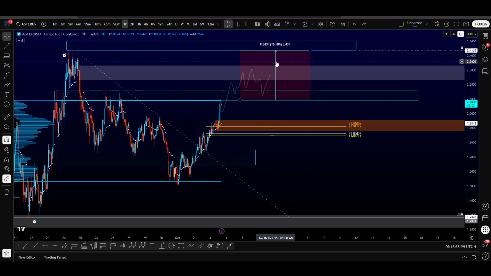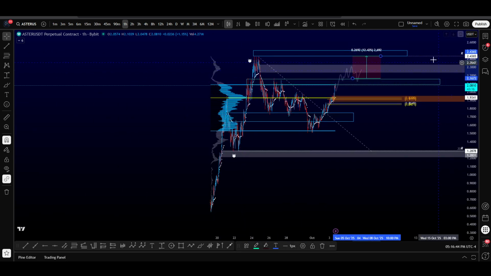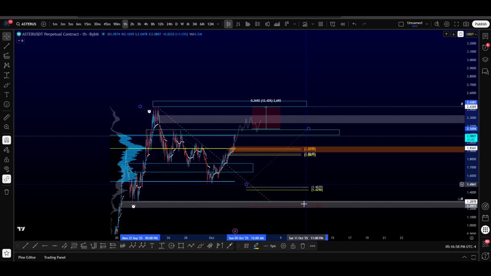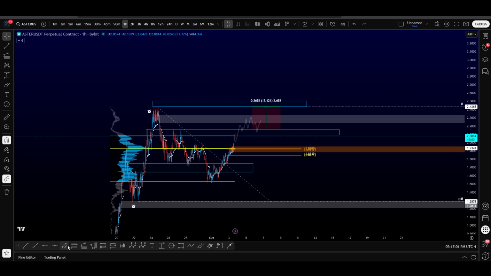And still, you know, look at this. You enter here, somewhere around here, targeting the highs. That's still a 12% gain. And in my opinion, the all-time high is most likely going to get broken through. And if we even use the trend-based fib extension, let's see. Actually, let me go ahead and do this one.